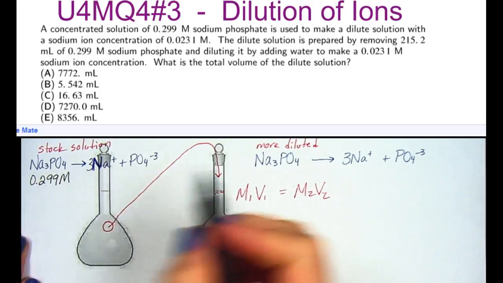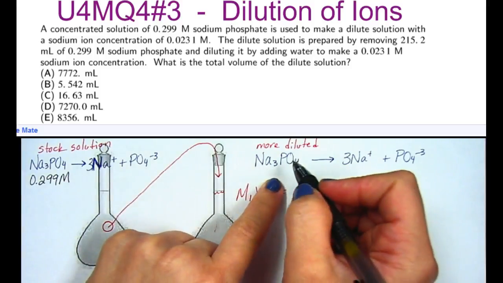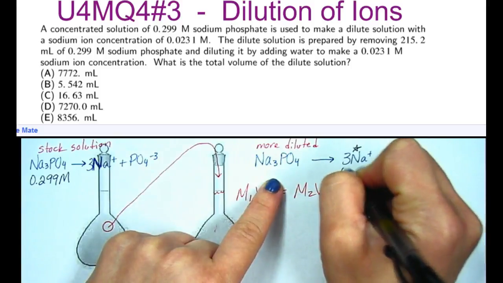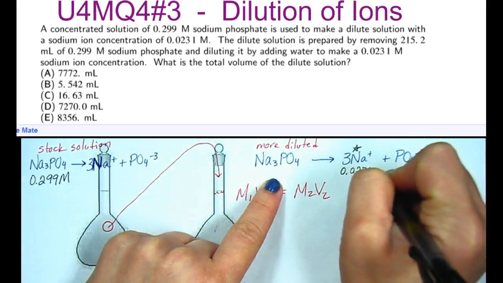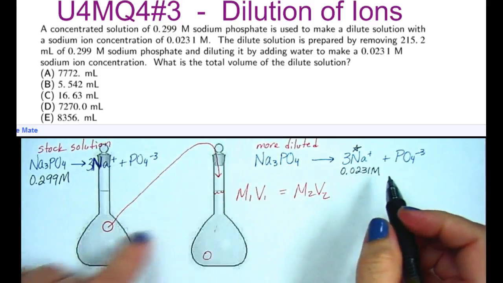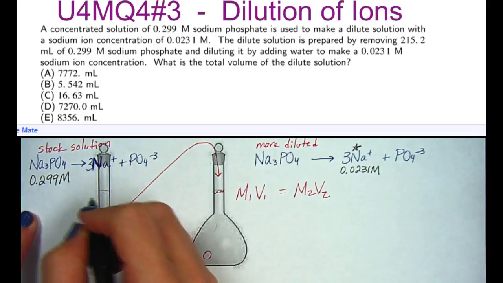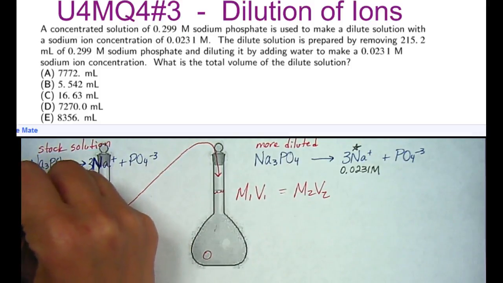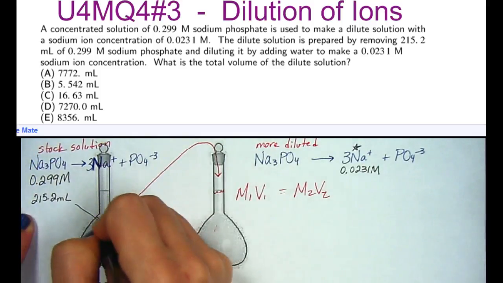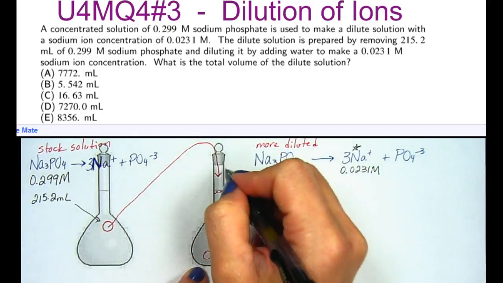And then when we dilute the sodium phosphate solution, we end up with a sodium ion concentration of 0.0231 molar. The dilute solution is prepared by taking 215.2 milliliters, that's this right here, from this flask and placing it into this flask and then diluting it.